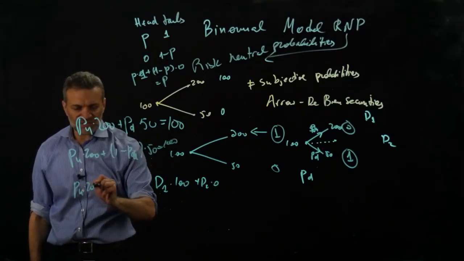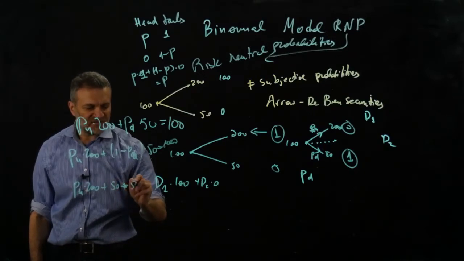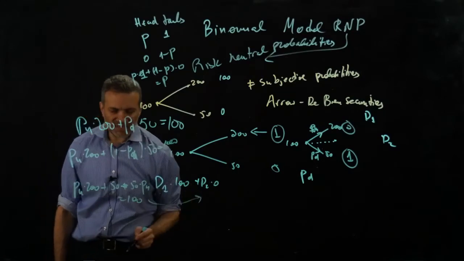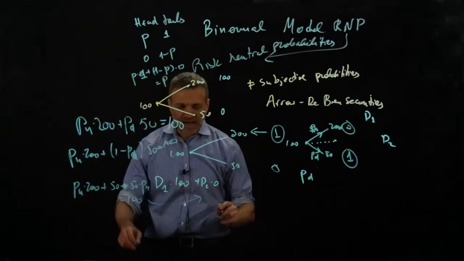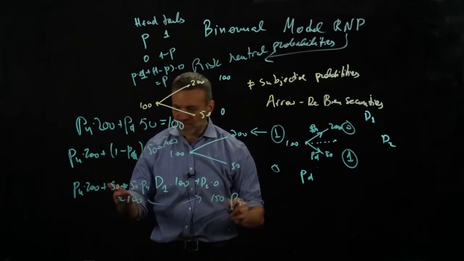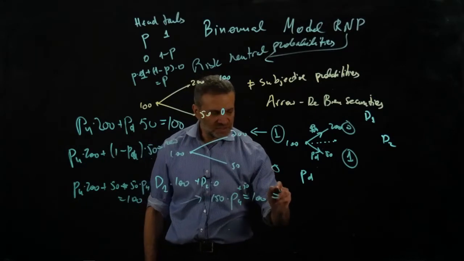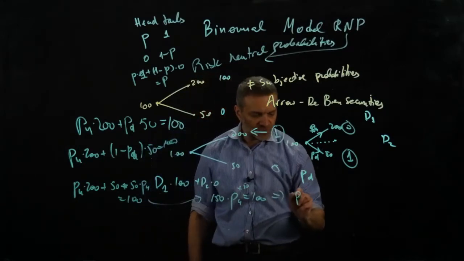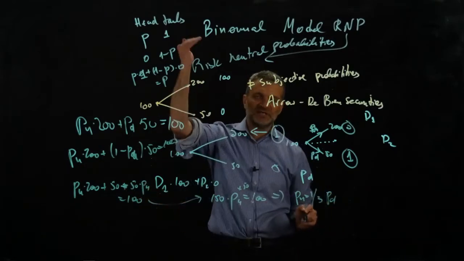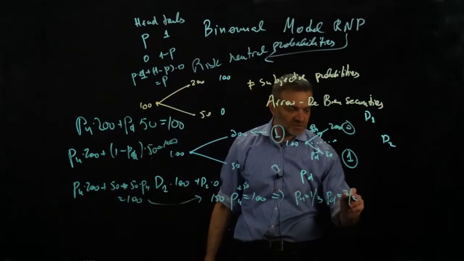PU times 200 plus 50 minus 50 times PU equals 100. So 150 times PU equals 100 minus 50, which is 50. It means that PU is going to be a third, and PD is 1 minus PU, because you can either go up or down, right? The sum of the probabilities must be 1, so PD equals 2/3.